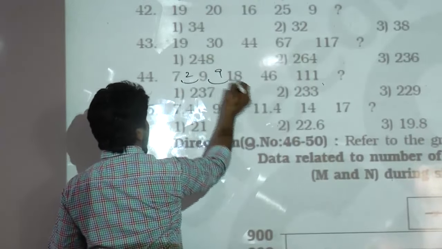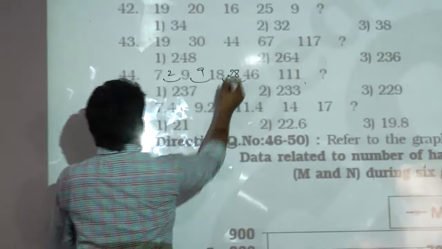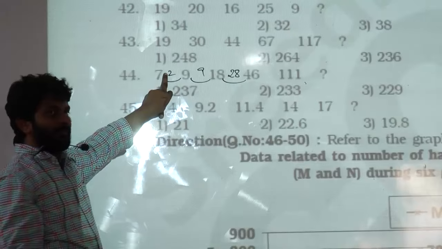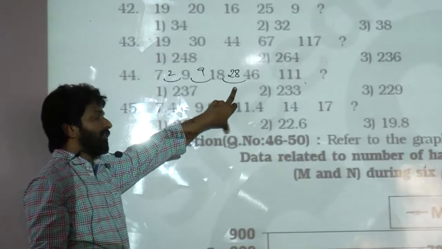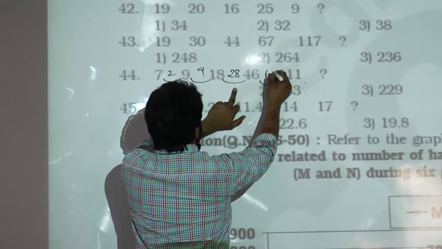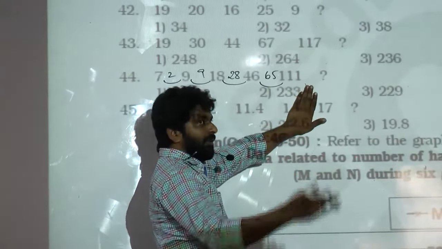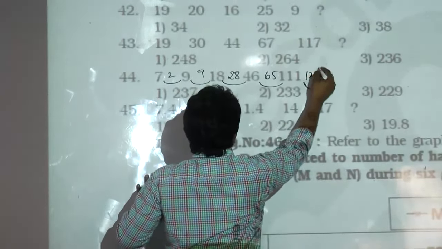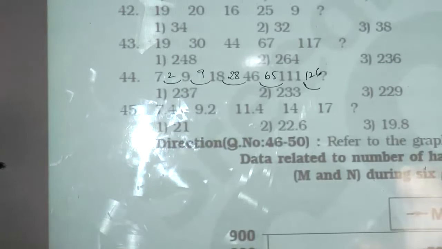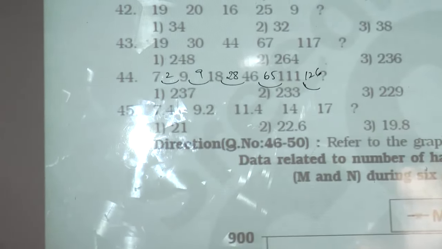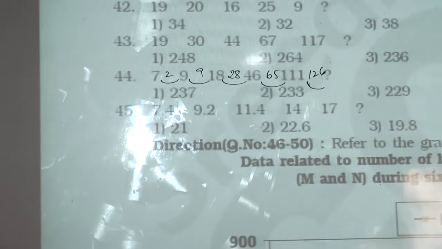Next. 1 cube plus 1, 2 cube plus 1, 3 cube plus 1, 4 cube plus 1 should be 65. Satisfying. Next, 5 cube plus 1. You need to add 126. The number should end with 7 and you have only one option. Right. That's it.